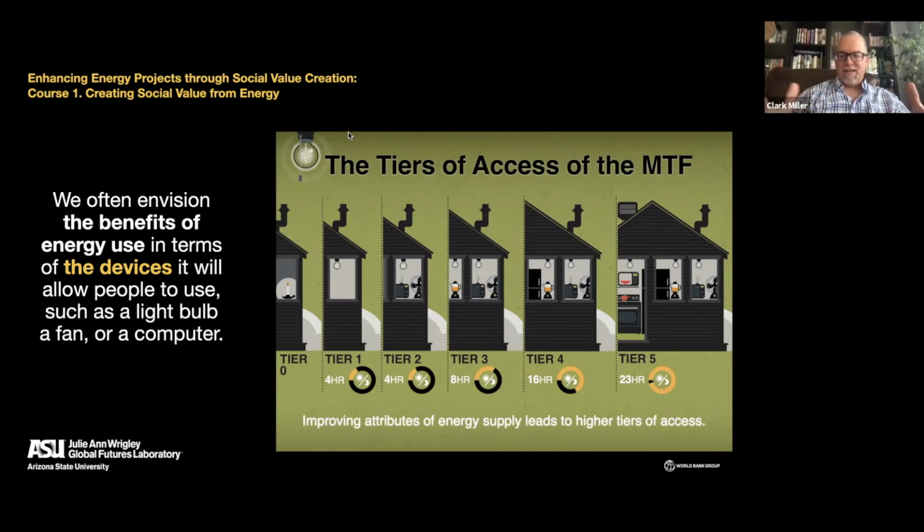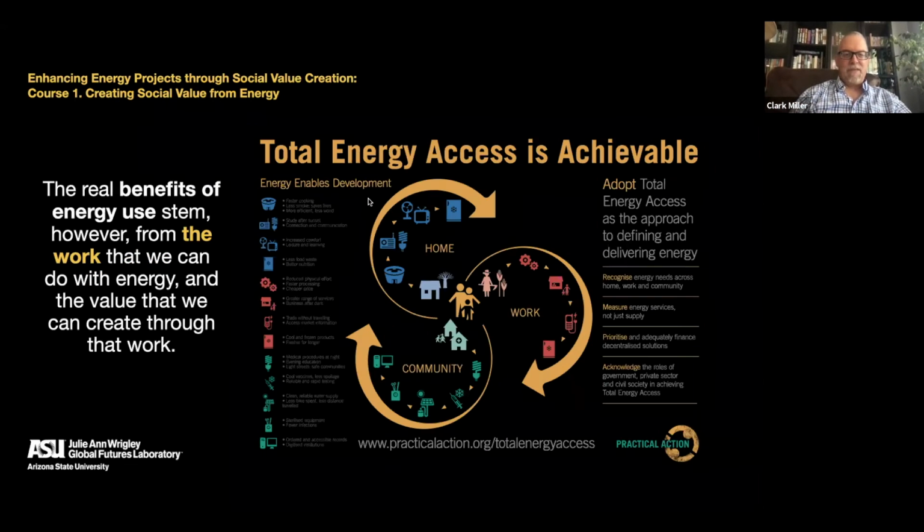And so you can see here, again, this idea that the benefits of energy use are encapsulated in these devices that we're going to be able to put in our houses and plug into our electricity grid.